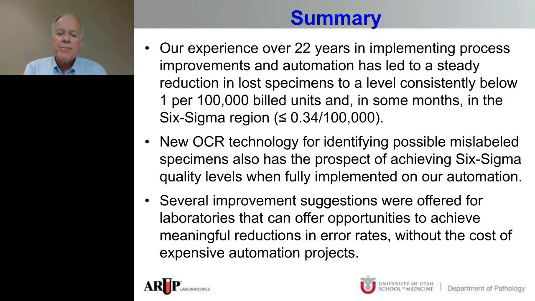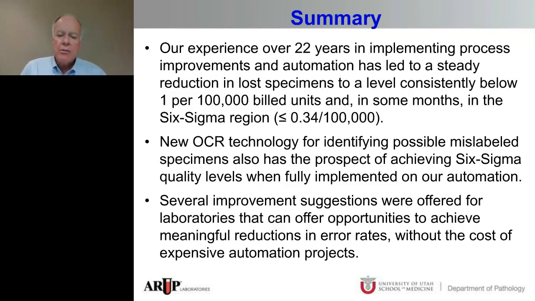So in summary, experience in our laboratory over 22 years in implementing process improvements and automation has led to a steady reduction in lost specimens to a level consistently below 1 per 100,000 billed units, and in some months in the 6 sigma region, in other words, less than 0.34 per 100,000.